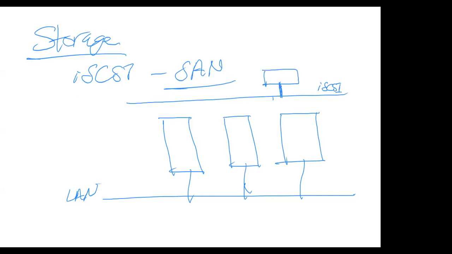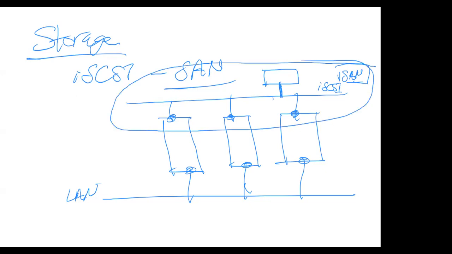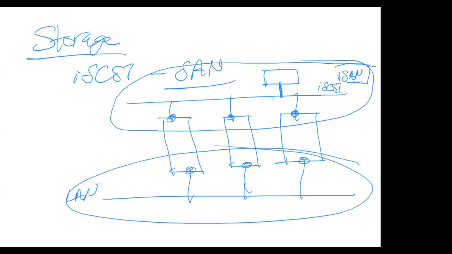In some situations, it can be internet. With the SAN, it can be an Ethernet interface, but it will be different, and it will be connected to another interface here. The server has two interfaces, one for the network and one for the storage. All the data traffic from the storage will be handled on this area, and whatever traffic is on the network will be handled on this area.